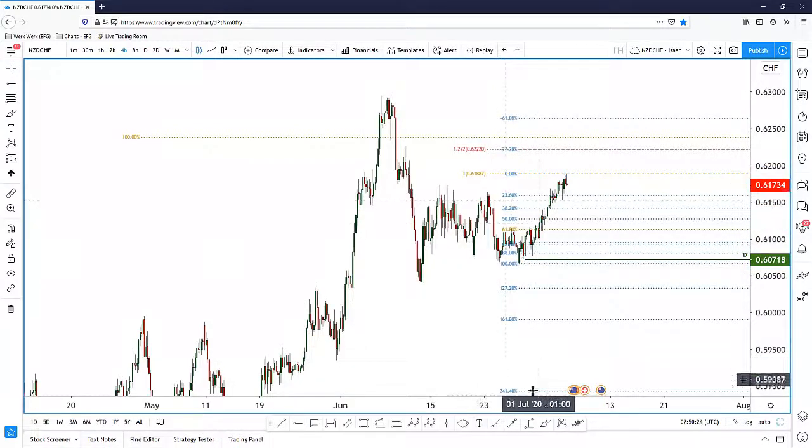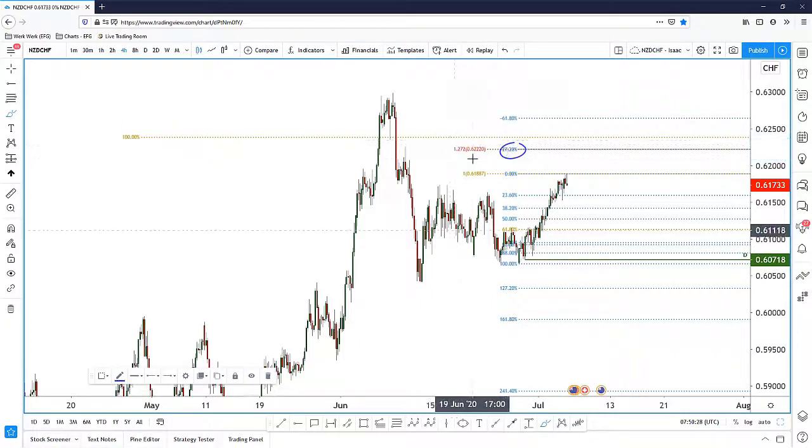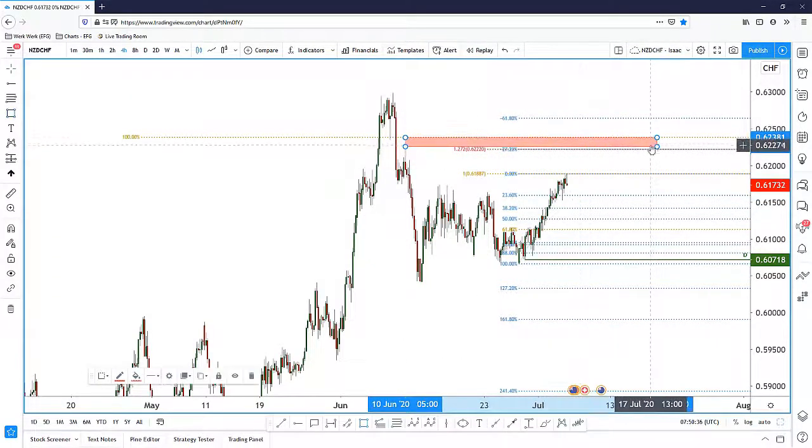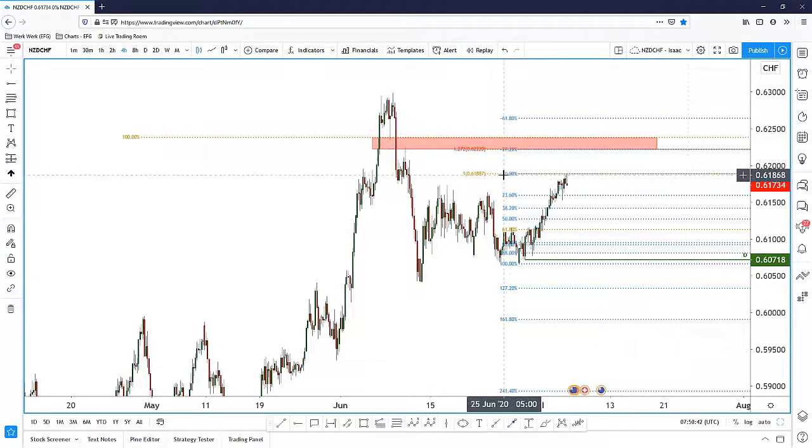We see that the negative 27.2 is actually in line with the 127.2. So this is a clear Fibonacci resistance zone. I'm just going to highlight this entire area, and if I stretch further back is where price spiked to. So this is a strong resistance zone.